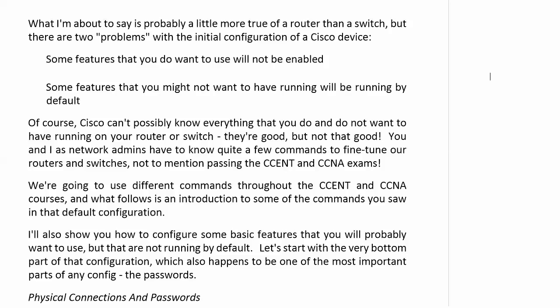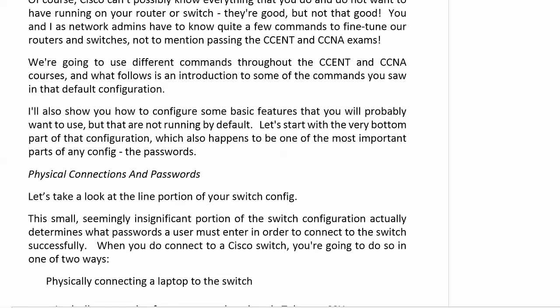We're going to use some of those in this section, and then of course others you'll see throughout the rest of the course. I'm going to show you how to configure some basic features that you'll probably want to use as well, but that are not running by default. And we're going to start with the very bottom part of that configuration, the one we just looked at, which also happens to be one of the most important parts of any config, and that's the passwords.